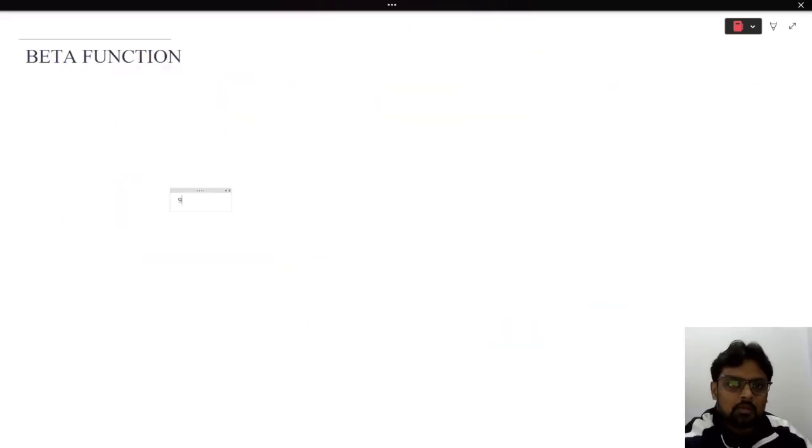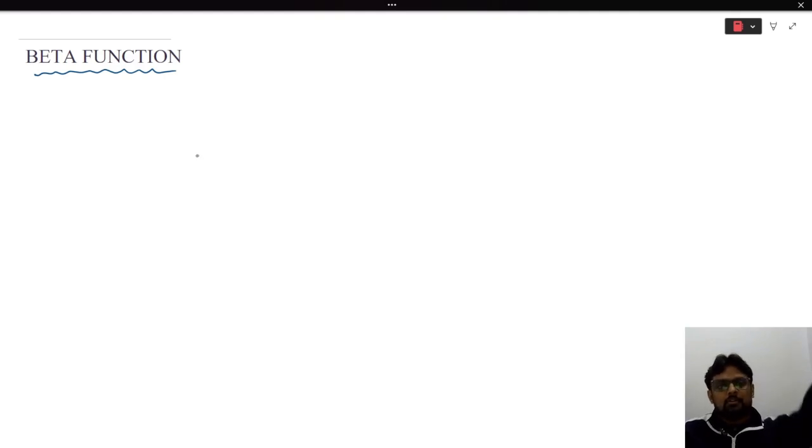Okay, so class, next we come to the beta function. After doing some properties and questions on the gamma function, now we are familiar with the gamma function to some level. Now what is the beta function? A beta function is defined as 0 to 1.